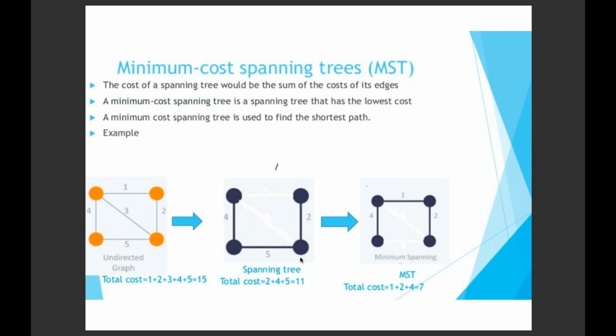So you're going to add 2 plus 4 plus 5. In the minimum spanning tree, you are trying to find the kind of spanning tree where the cost is minimized, right? So in this spanning tree, the cost comes out to be 11. In this spanning tree, the cost is 7.